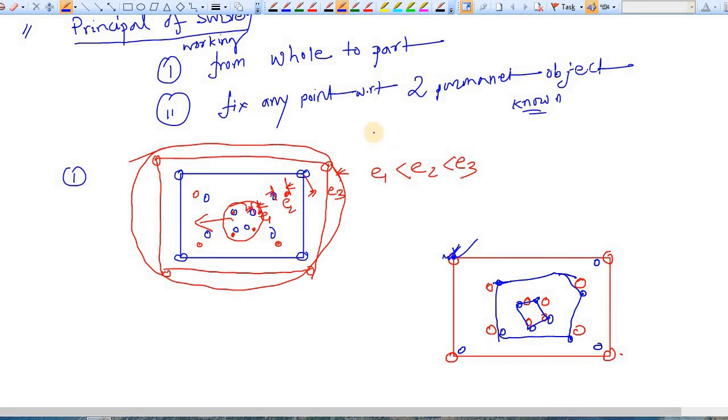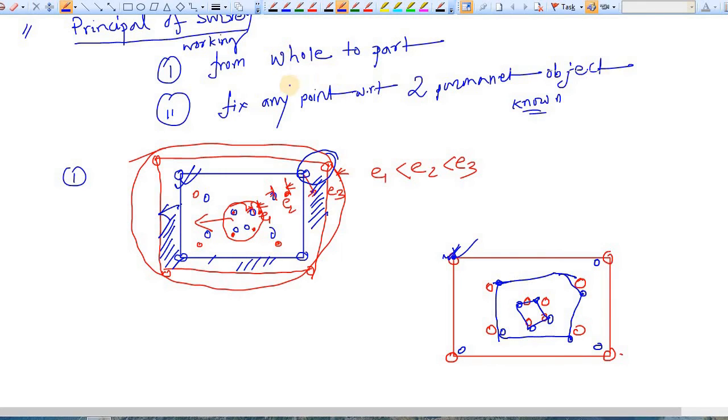Initially the error was much more. Let's say this plot belongs to someone else, but by mistake you have extended this person's plan or plot into the other person's area, which is not at all desired.